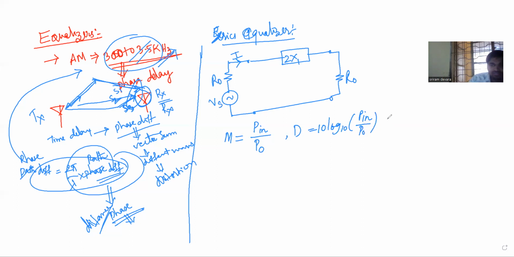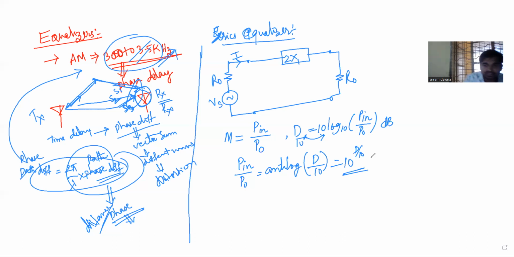We already studied this. So P input by P output is the anti-log of D by 10, that is, 10 power D by 10, which is equal to M.